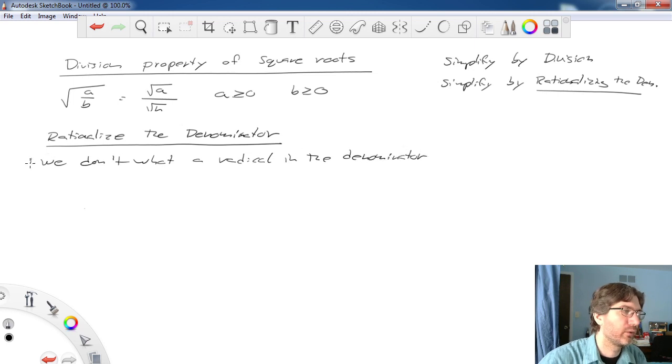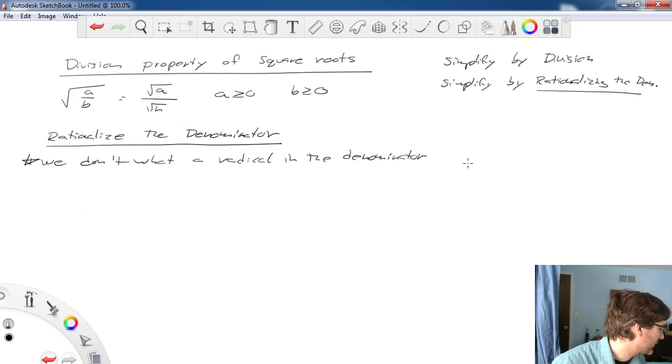That's the whole point of this. We want to get rid of them. So sometimes when you do all of this work, you still get a radical inside the denominator, and we want to get rid of it. And it's actually pretty simple to do. You're just going to pretty much multiply through by that denominator. Let's get an example going here so you can see what happens.